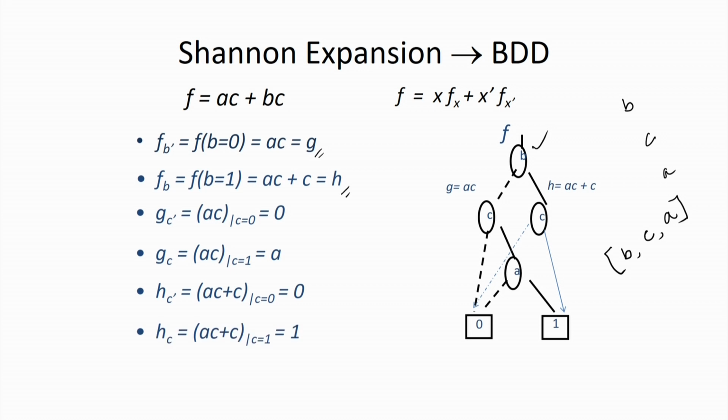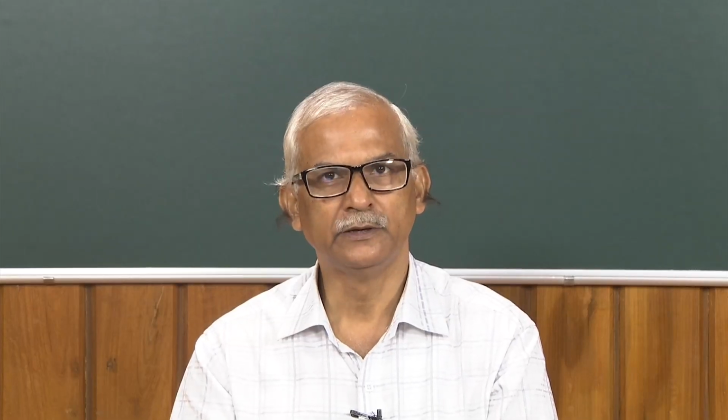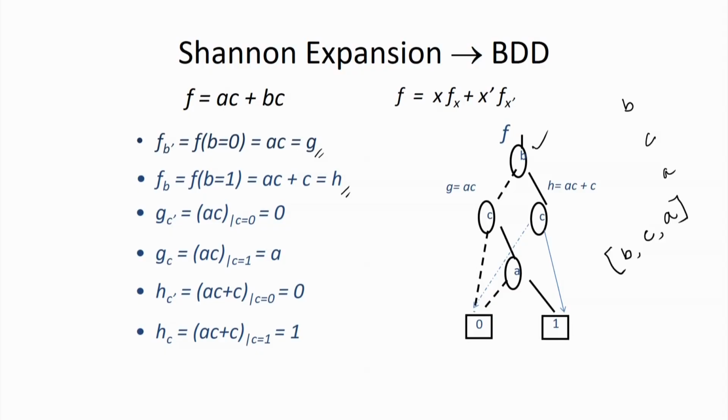Okay. Now, you just see that finally, we are coming down to these things after using this particular Shannon expansion. Is there any scope of reduction over here? No, we do not have any redundant nodes at that particular point. We do not have any duplicate nodes either, because duplicate nodes may be possible only with respect to these c's, because for variable a we have only one node, and for variable b we have only one node.